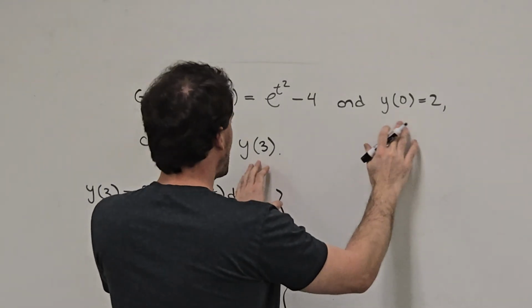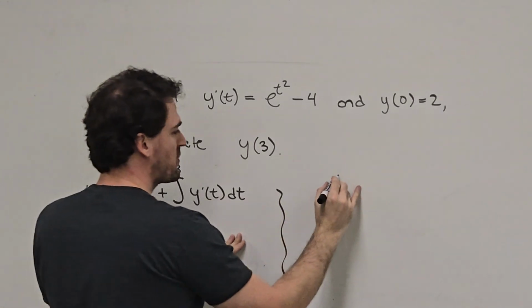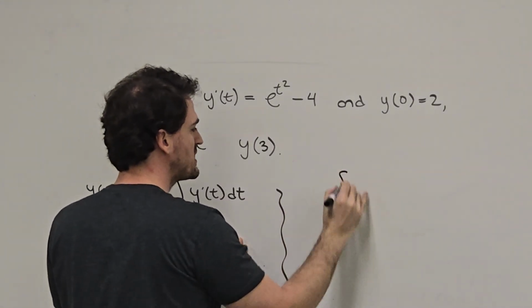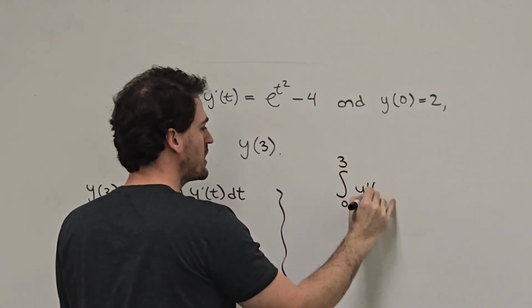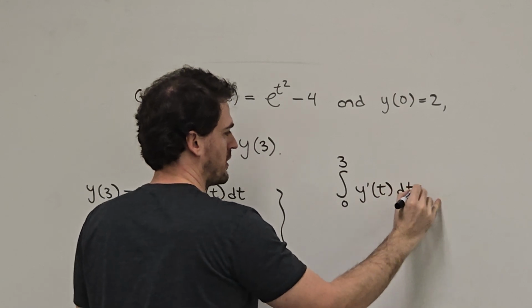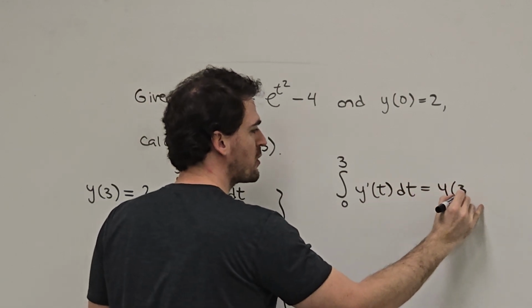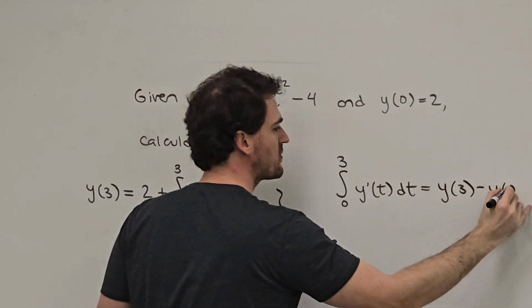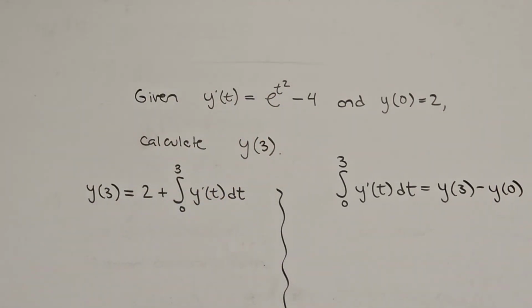If you want to look at this and go, oh, well, I've got y of 0, y of 3, so I can do the definite integral from 0 to 3. And the fundamental theorem of calculus says that is y of 3 minus y of 0.